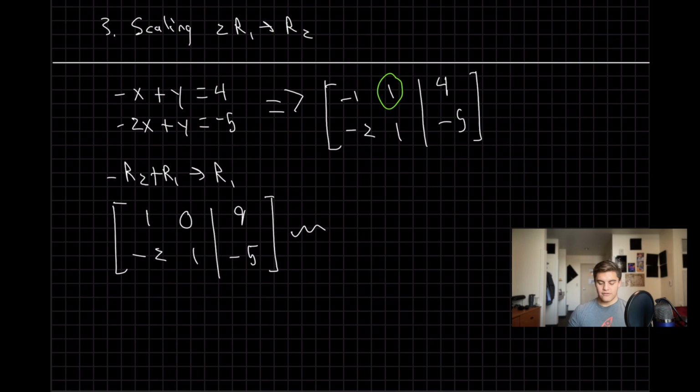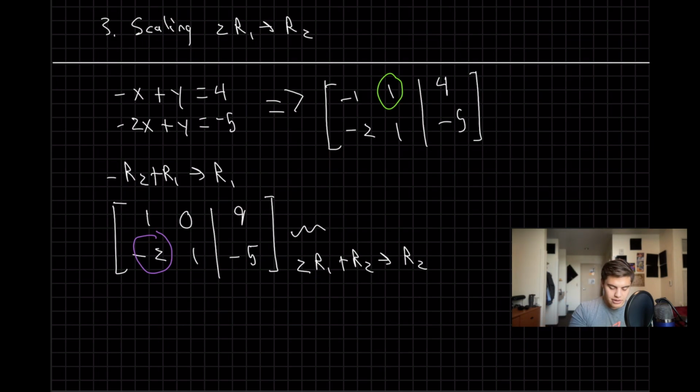For this next one, let's try and get rid of this -2 in the bottom row right here. There's more reasoning to why we do this. It's sort of an algorithm that we lean on, but for now, let's just do these operations, and trust me that we're going to get to the answer in a second. So what we're going to do is 2 row 1 plus row 2 into row 2. The reason I'm doing that: 2 times 1 is 2, and then we're going to add that to -2 to get 0.